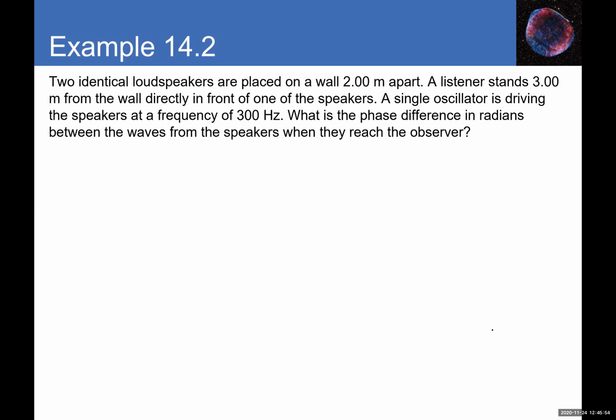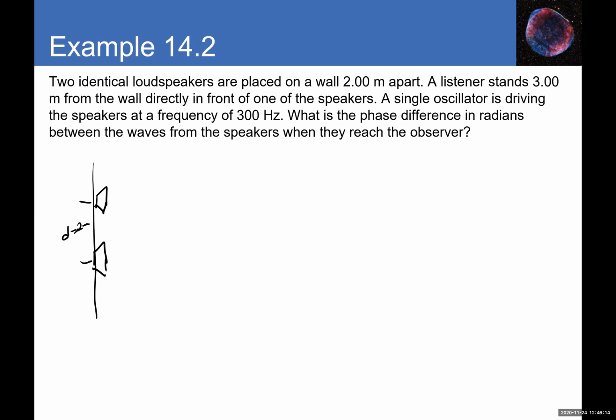All right, so again, similar to that speaker example I showed you. You can think like this: here's speaker 1 and here's speaker 2, and let's say here's the wall and they are separated by a distance of 2 meters. So I can say that D is 2 meters.